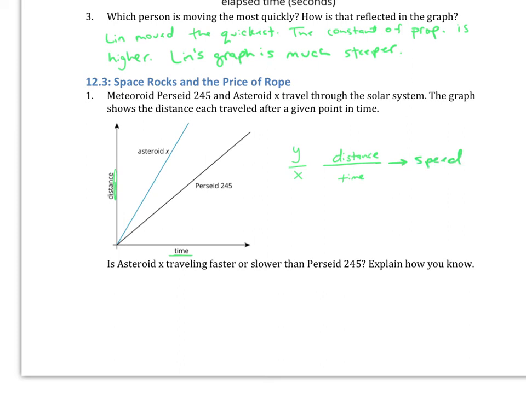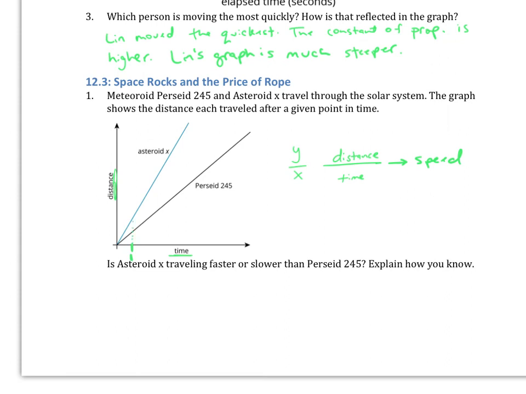Now, in the previous activity, we talked about how lines that are steeper are going to have a bigger constant of proportionality. And let's take a look at that real fast. Let's say we wanted to plot the constant of proportionality on these graphs. So constant of proportionality is where the line crosses 1 on the x-axis.